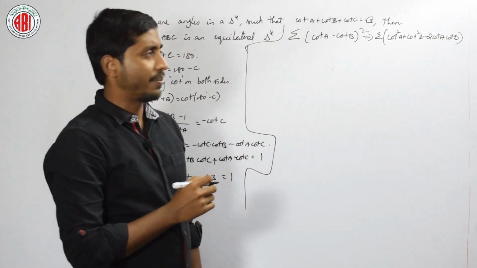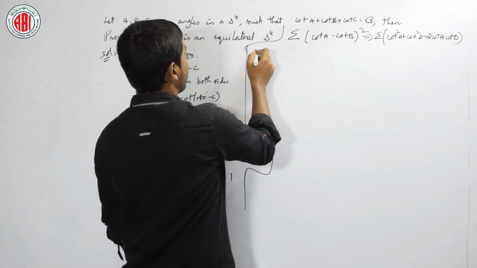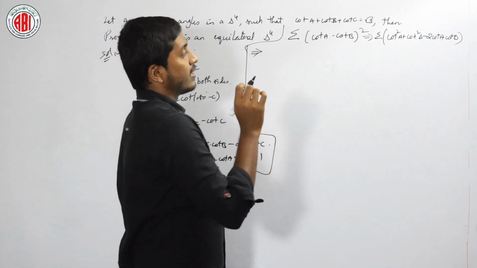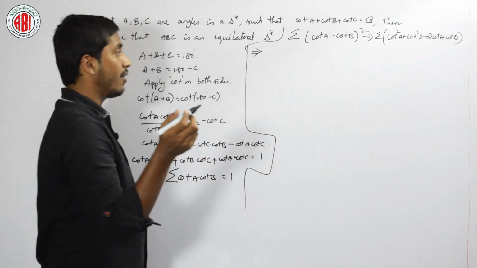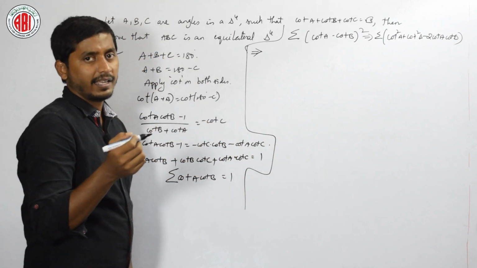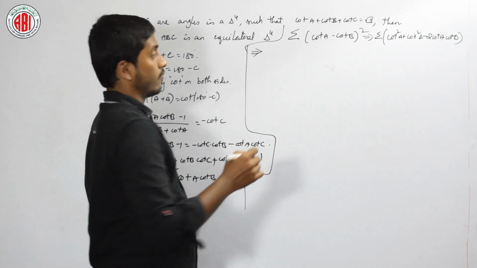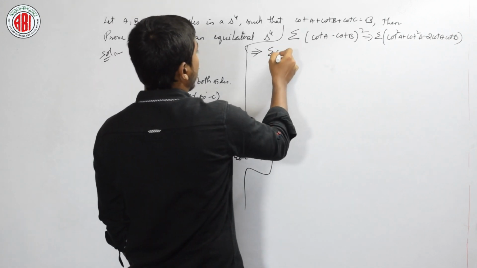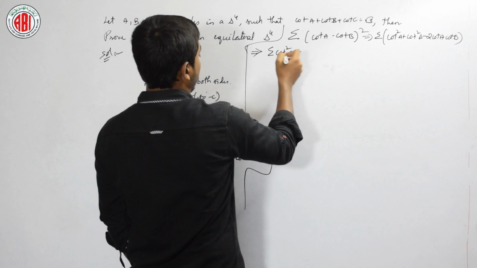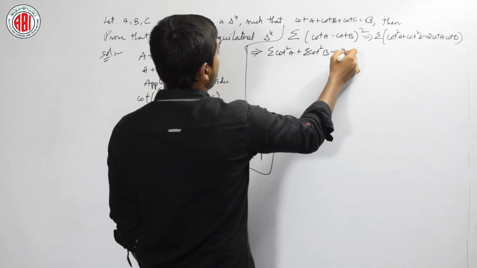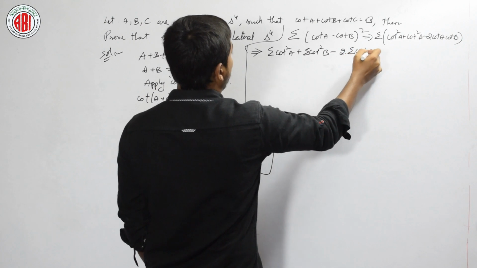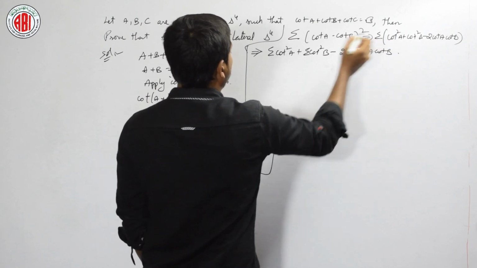Let us write it separately for each and every term. Sigma cot square A plus sigma cot square B minus 2 into summation of cot A cot B, right.